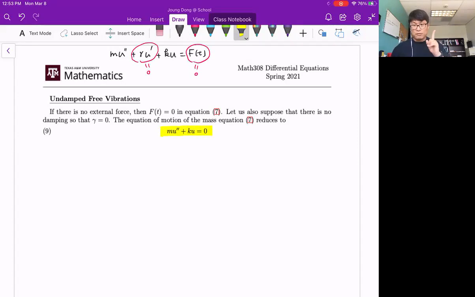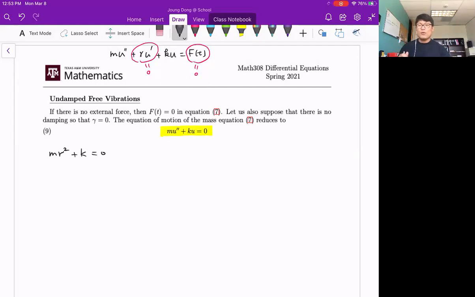How can we do it? We have to start from the characteristic equation. The characteristic equation for this second order differential equation is M r squared plus K is equal to zero. How can you solve it? It's very easy.